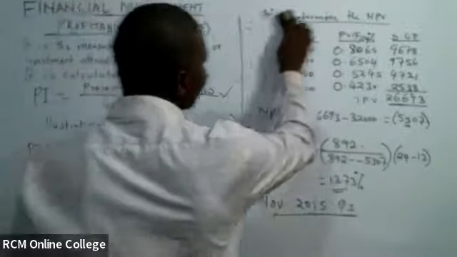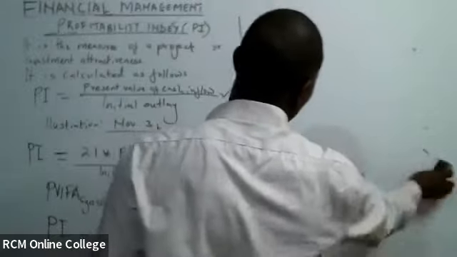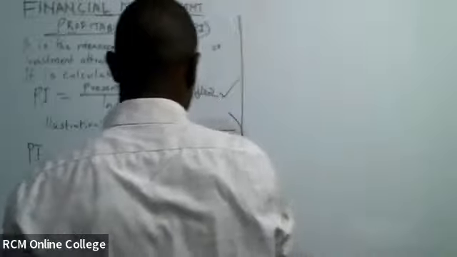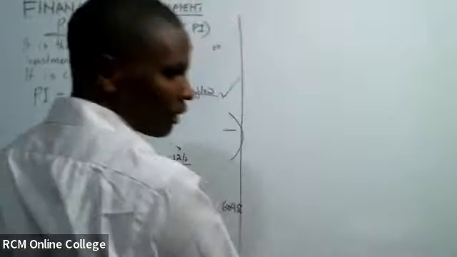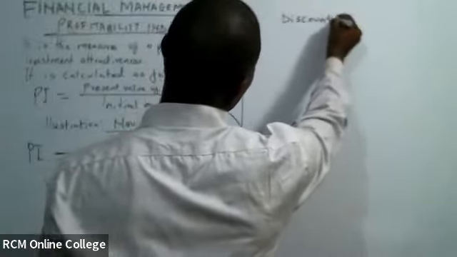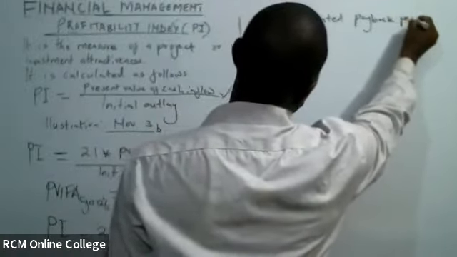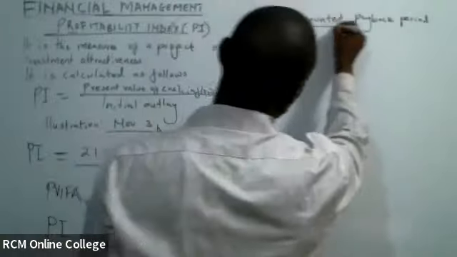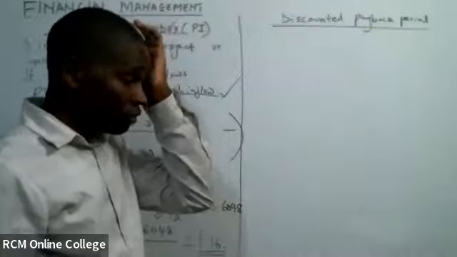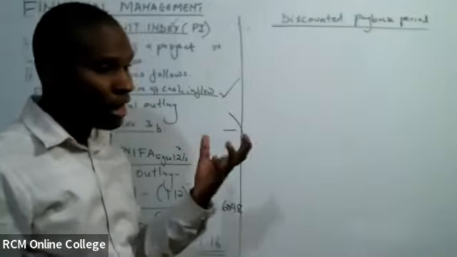Let's go to the next one, which is the discounted payback period. Hope that you remember the definition of the payback period. We say that it is the period taken by a project to recoup or to recover the initial outlay.